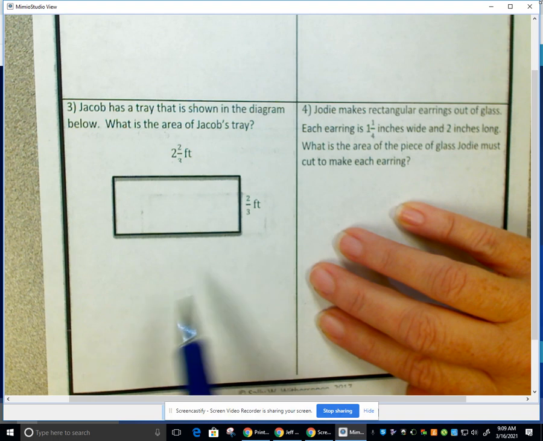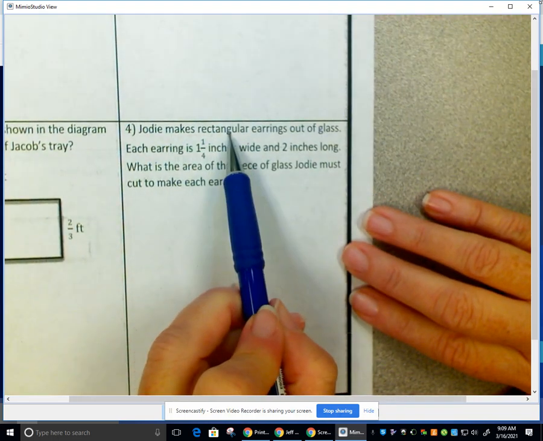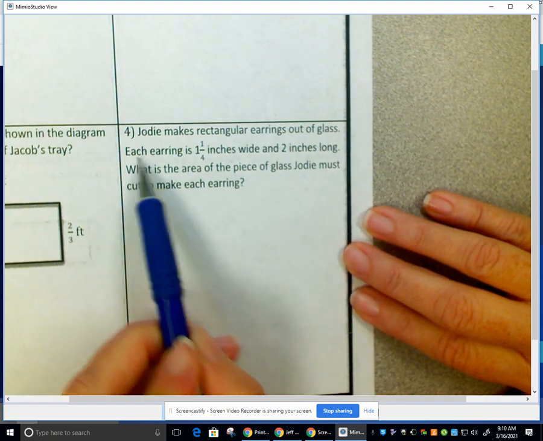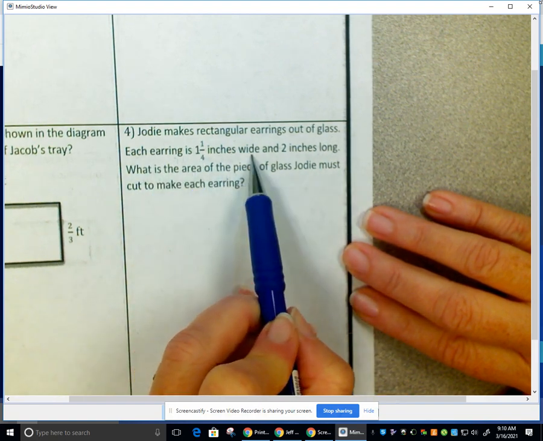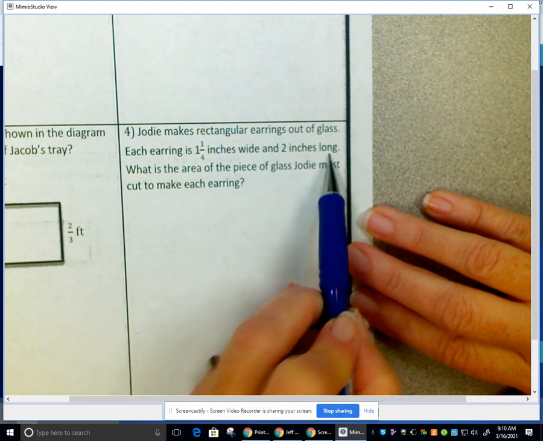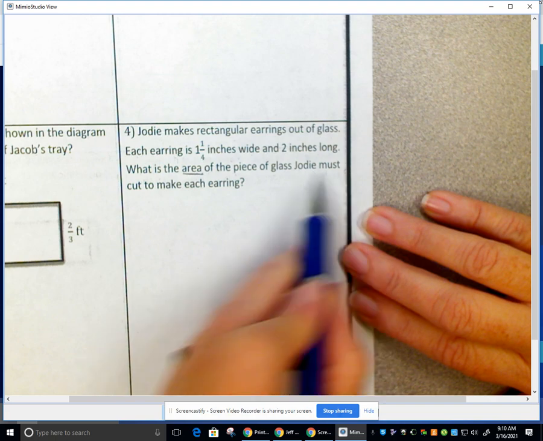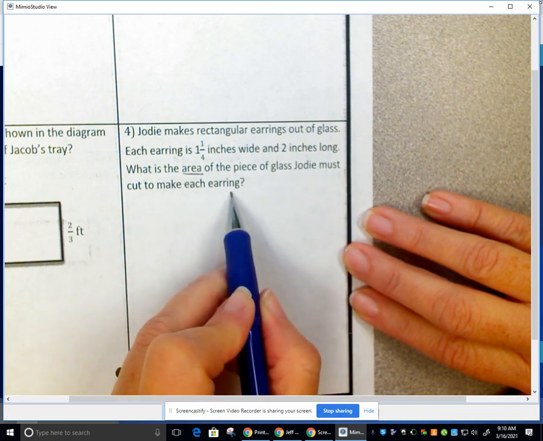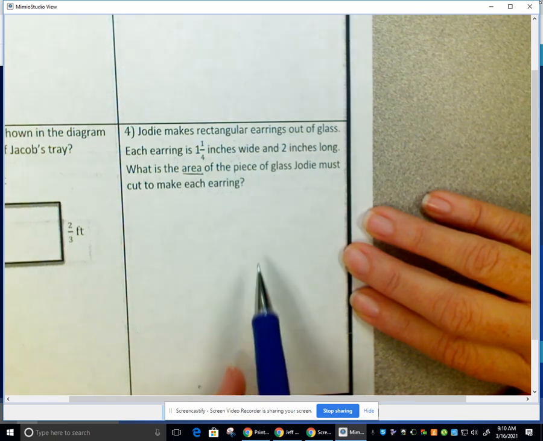You can do that one. And number 4, Jody makes rectangular earrings out of glass. Each earring is 1 1/4 inches wide and 2 inches long. What is the area of the piece of glass that Jody must cut to make each earring? You've got your length, you've got your width. Set it up and solve it.